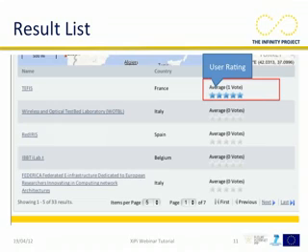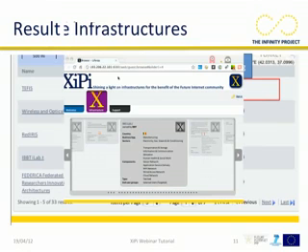When the results are shown, you will notice the list contains some quick information like the name of the structure, the country where the headquarters is located, and feedback by a user that rated the infrastructure. Of course, the rating is only enabled for users registered to the web repository.